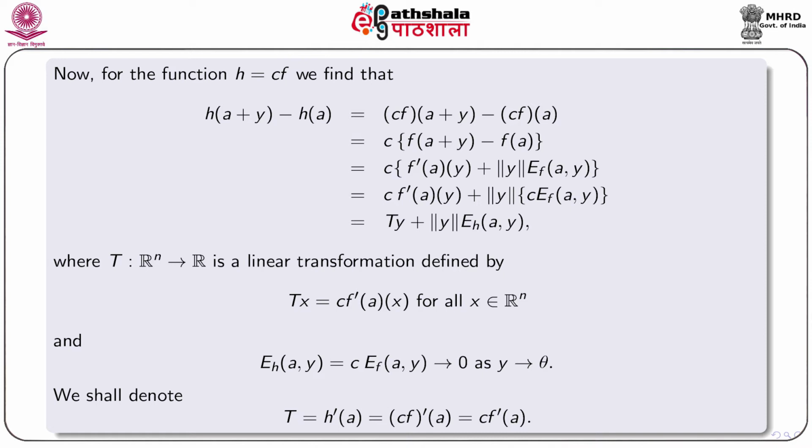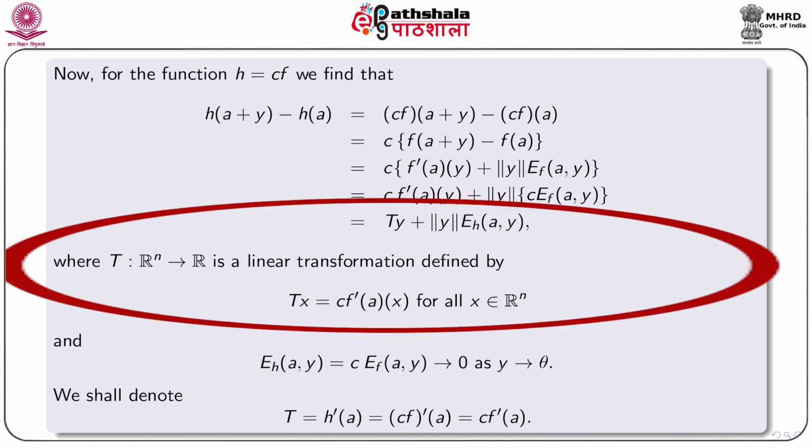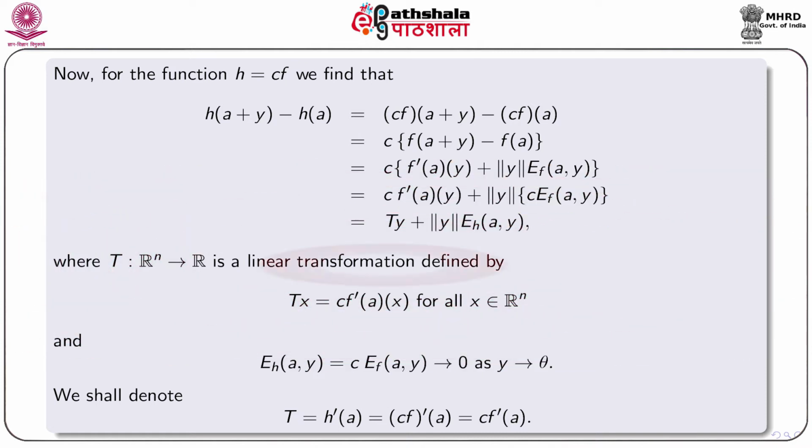Here T from R^n to R is a linear transformation defined by T(x) equal to c times f'(a) operated on x for each x in R^n. We recall that f'(a) is a linear transformation, c is a scalar.